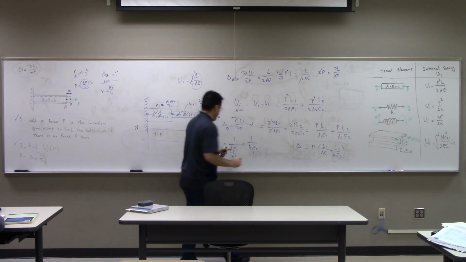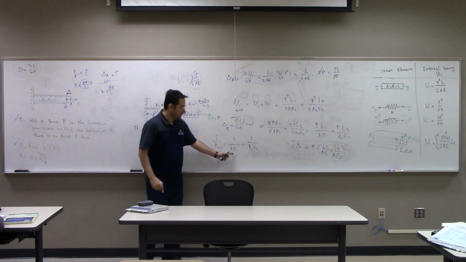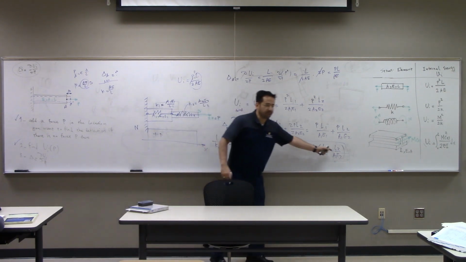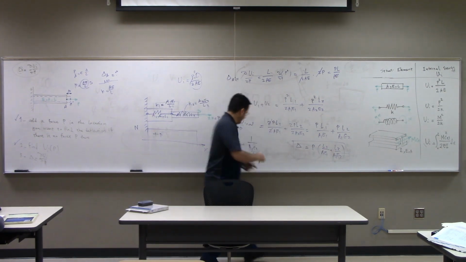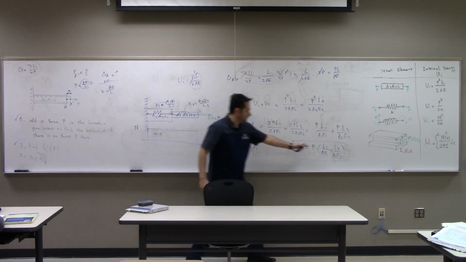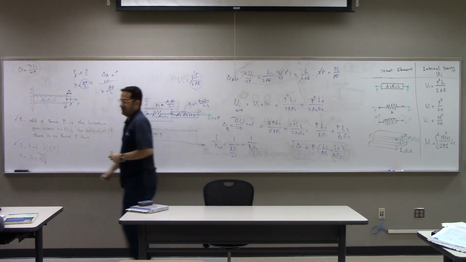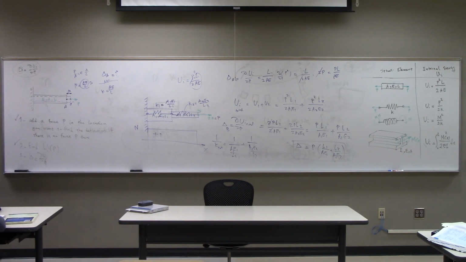Now if you do that, you can see that L1 comes to the top, L2 comes to the top. And if you invert the entire thing, you get the spring, the inverse of that. So they are exactly the same. So it's just your call. What method do you love?